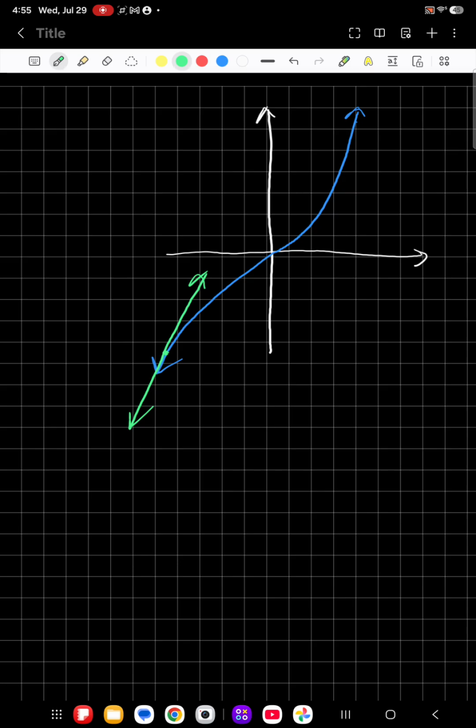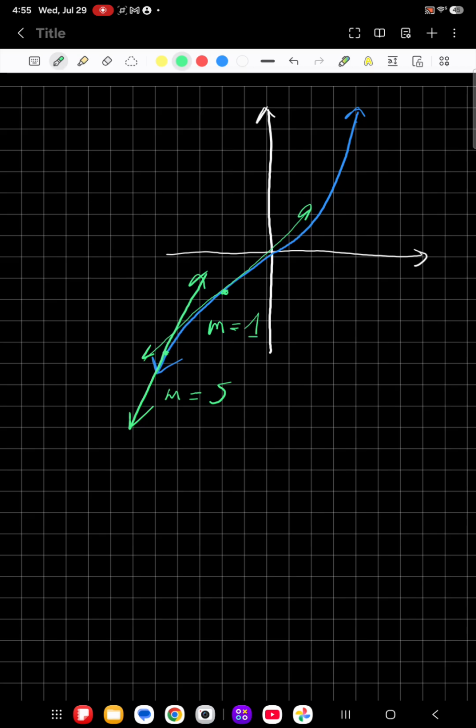I'm just estimating those slopes. It looks pretty steep, maybe m equals 5. Then I can move slightly more to the right and graph that line over here. The slope here may be 1.